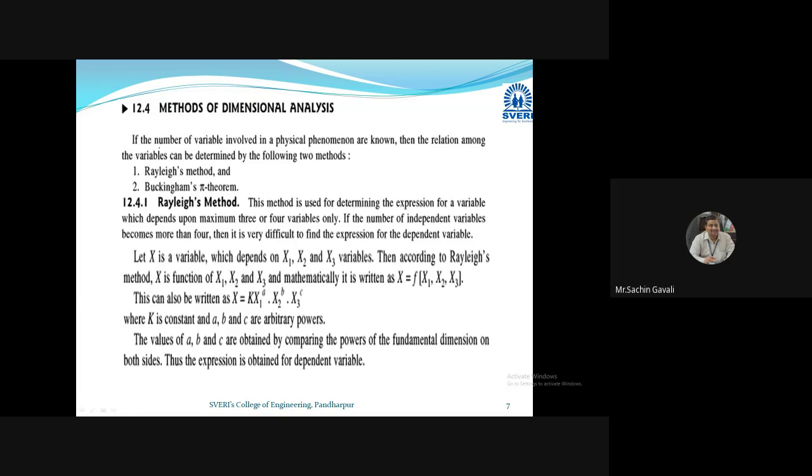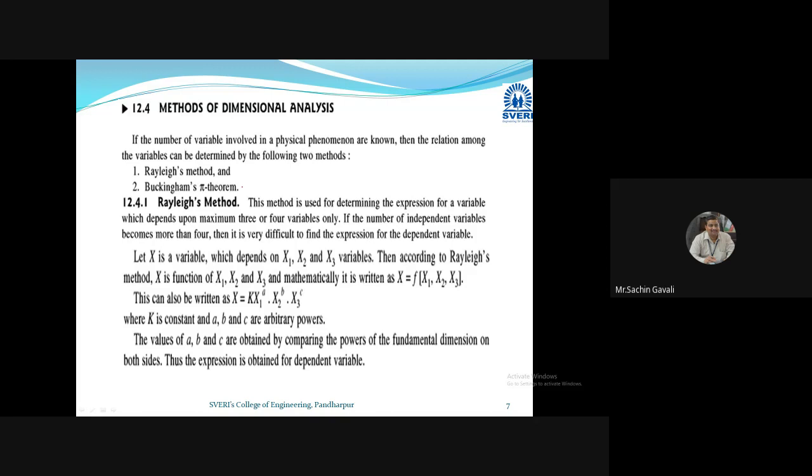It will reduce the size of the experimentation, and the time and the cost can be reduced, and the method will become simple. So we use dimensional analysis to group the variables, or to get the relationship easily among the different variables involved in the experimentation. Anybody having doubt about this now?